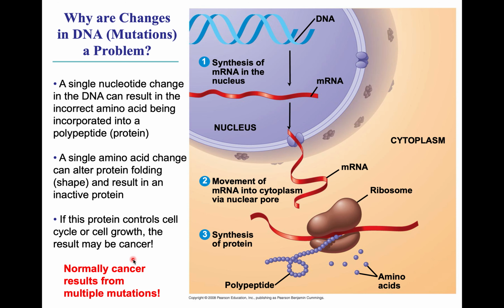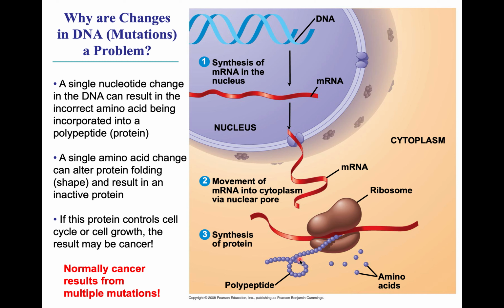And I just want to remind you, I'm sure you're aware of this, but we'll talk a fair amount this semester about mutation in cancer cells. Why are mutations in the DNA a problem? Well, keep in mind, it's your genes in your DNA that are coding for specific proteins. So if we make changes up here in the DNA, those changes end up in the RNA, in the messenger RNA, and then can end up in the protein.